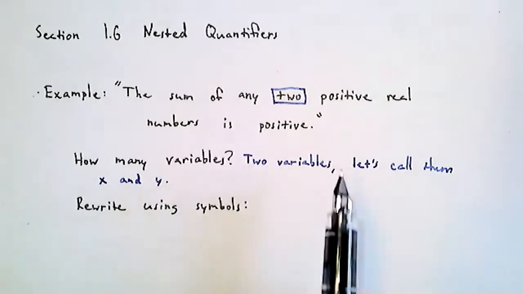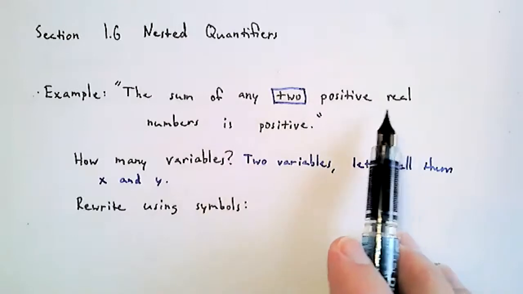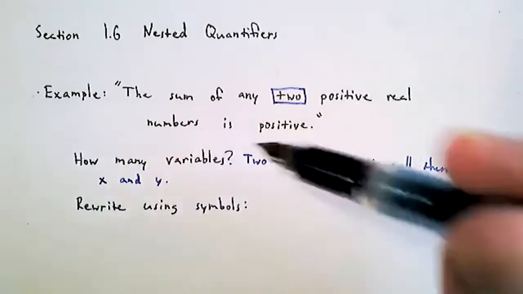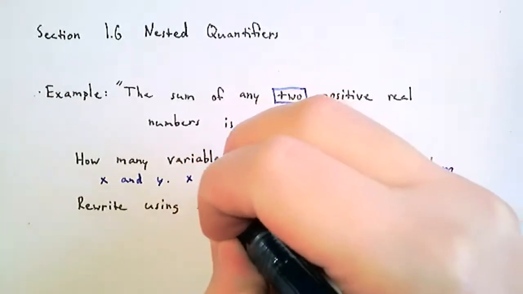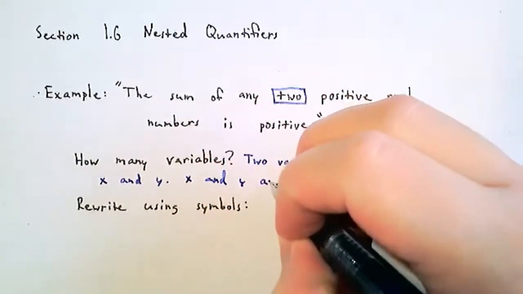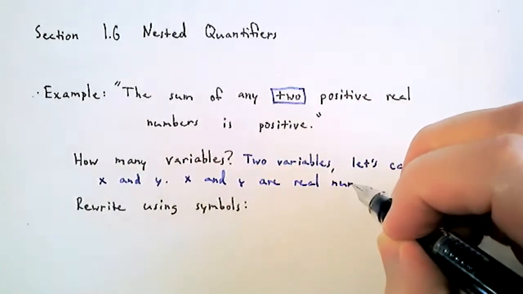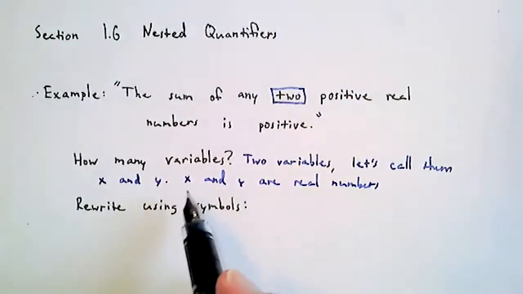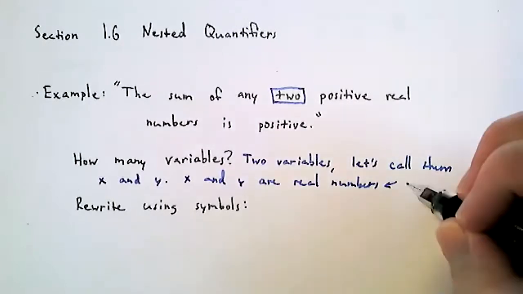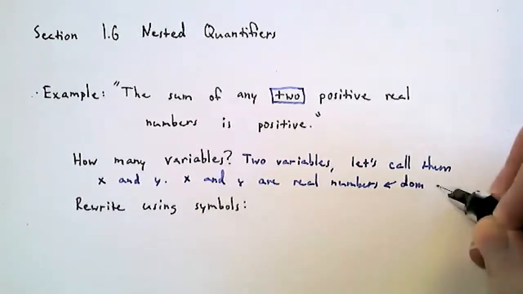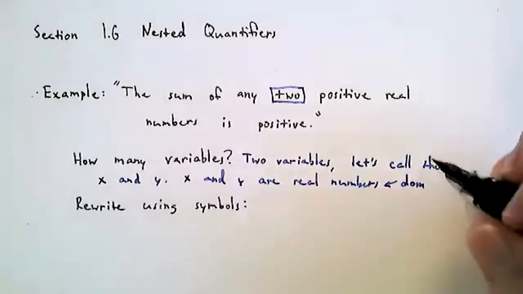So let's go ahead and work that through. We know that there are two of them, and they're going to be positive real numbers. So let's write that out. x and y are real numbers. And this sentence here tells us the domain of discourse. So that's the set where our variables are coming from.